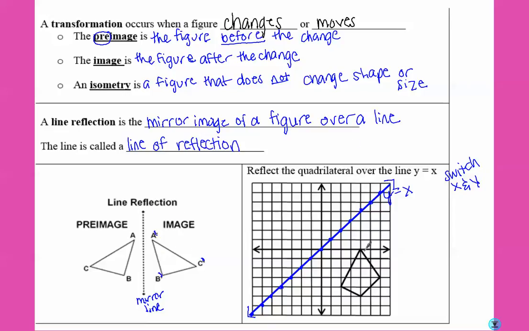Because it's a diagonal, it's not as easy to count just across when it's a vertical or horizontal line. So let's look at this top of our quadrilateral. That's at the point 4, 0. So to reflect it over the line y equals x, we would go to 0, 4. This coordinate is at 6, -3. So we're just going to switch them, and we're going to go -3, 6.